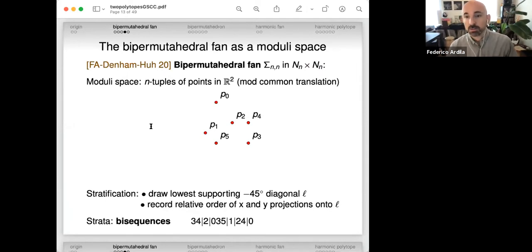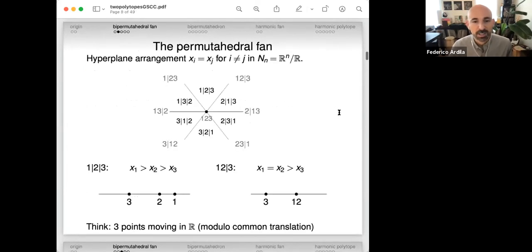I think there's another question: is the notion of fan related to triangulations? Yes, thank you for the question, Gaurav. So for example, this is an example of what we would call a triangulation of the plane into cones, and it's called a triangulation because the cones are like triangles but unbounded.